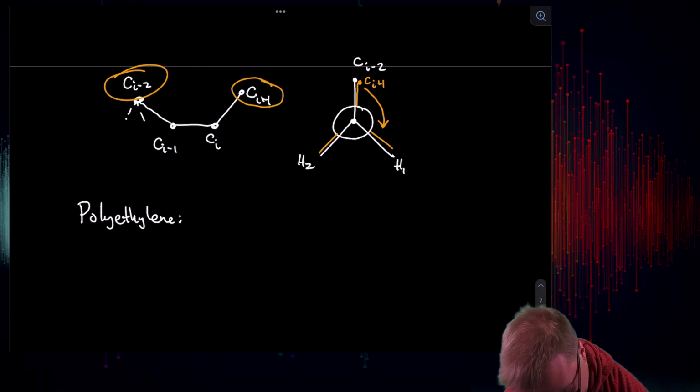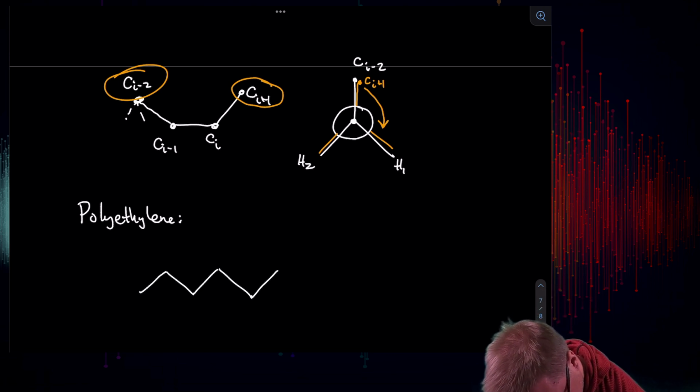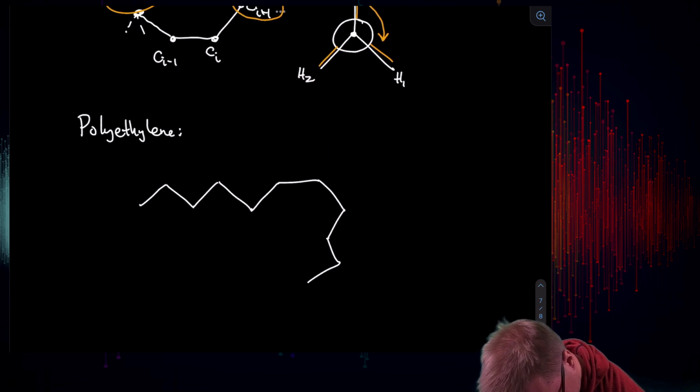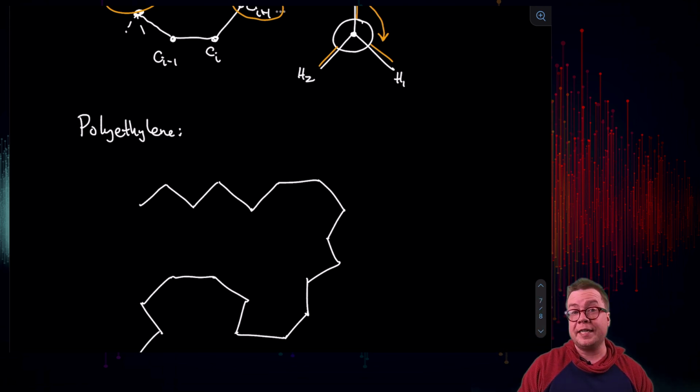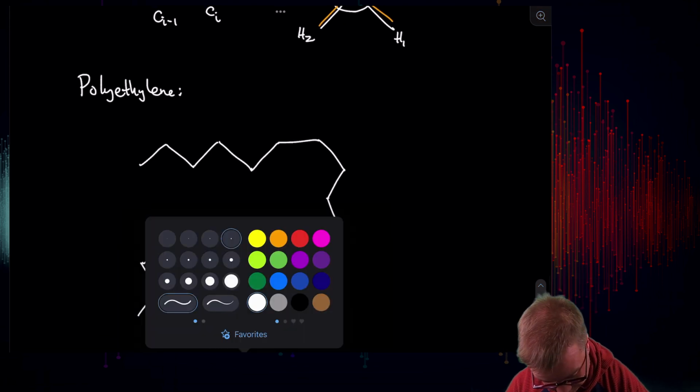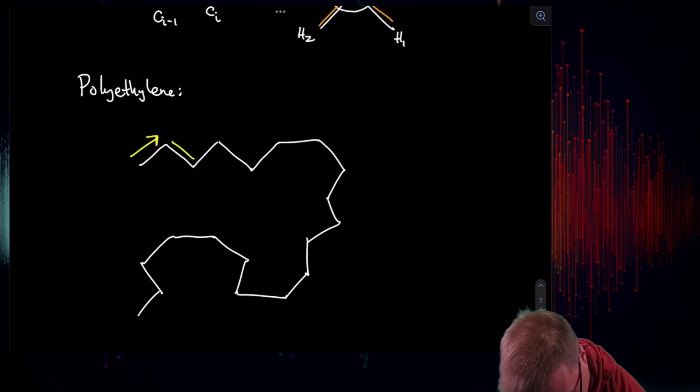Okay, so you could have segments of the polymer chain that look like this, after which you could have any number of different orientations of these bond vectors with respect to each other, right?